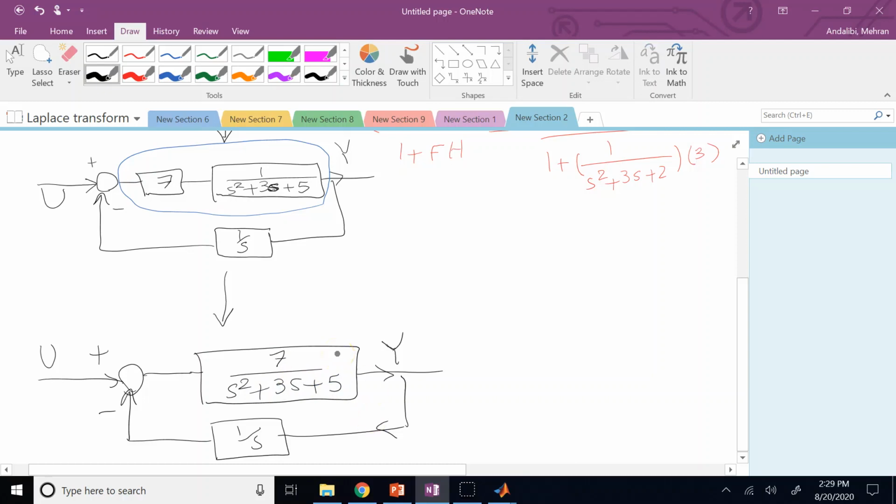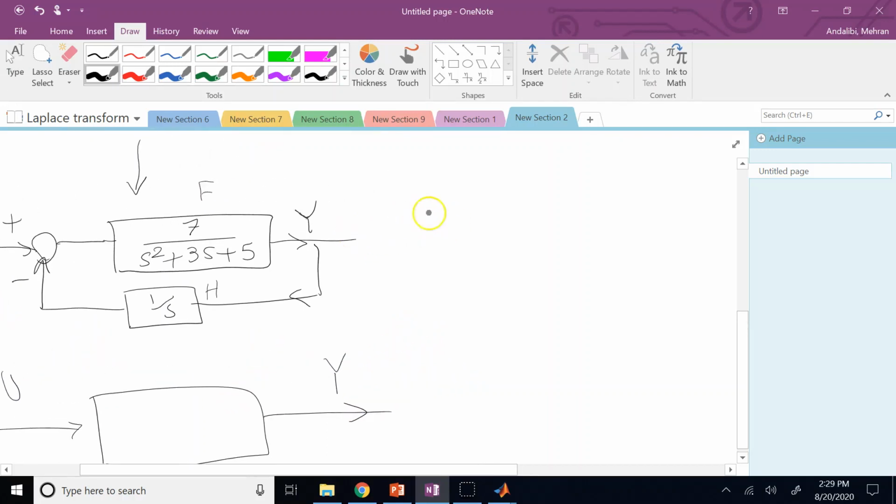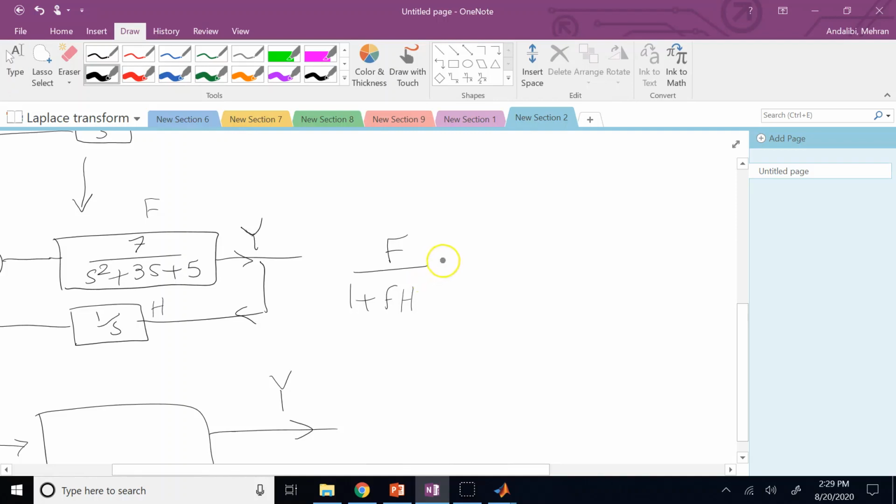Again, this is just one single feedback loop. You can call this f and this h, and you can simplify that to one single big block, where that single big block is f over 1 plus f times h, again plus because here it is minus. So again, you replace what you have.